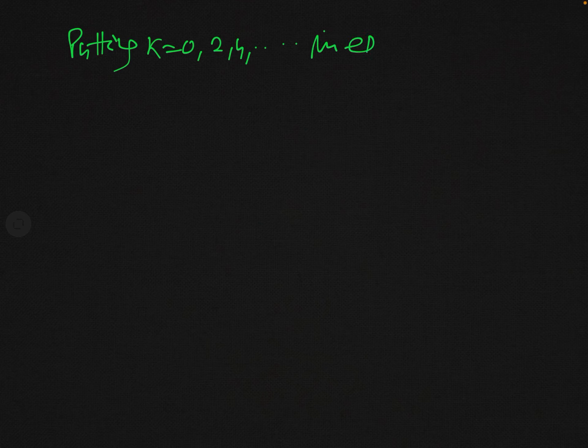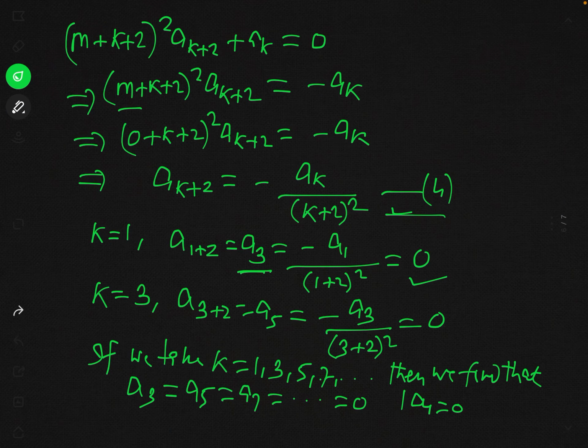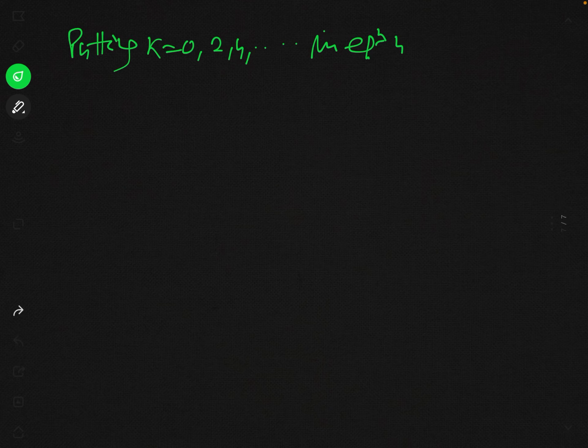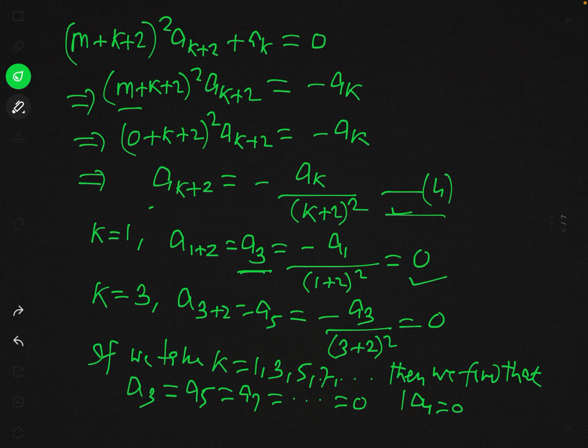So putting k equal to 0, 2, 4 and so on in equation 4, we get, when you take k equal to 0, a0 plus 2, that is a2.